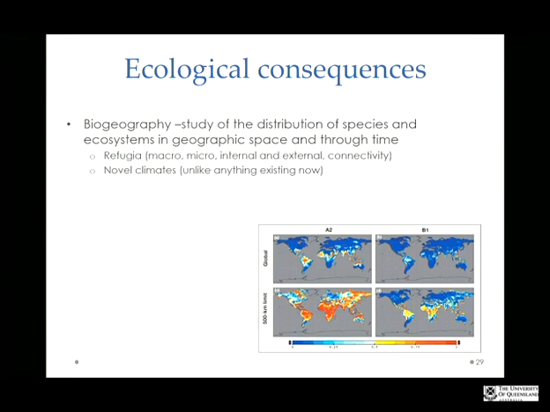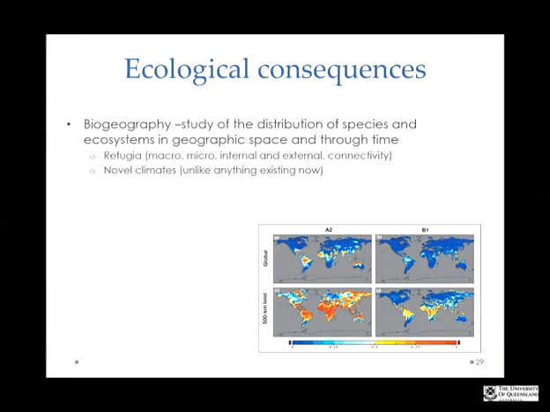And the other thing is that because we're changing the system so quickly, the predictions are that we'll have novel climates very shortly if we don't have them already. So if you remember from this diagram, these were global novel climates. So these red and orange areas are where it's completely different conditions from anything they have now.